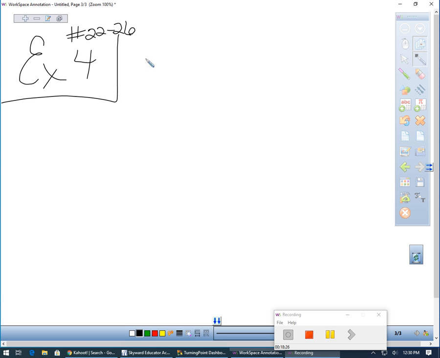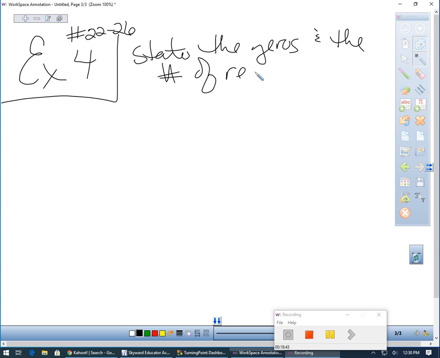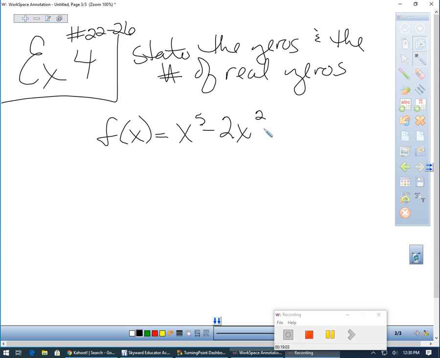The directions say state the zeros and the number of real zeros. And you are given f of x equals x to the 5th minus 2x squared, my bad, minus 3x plus 6.